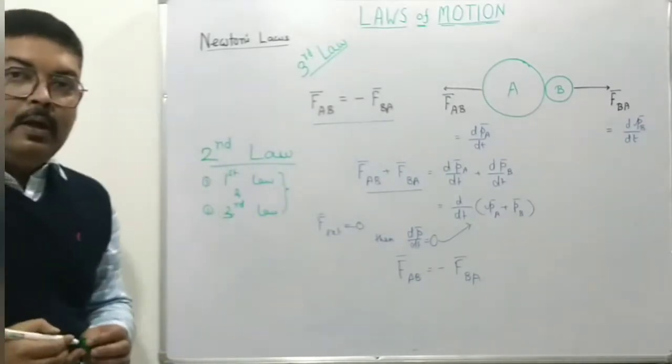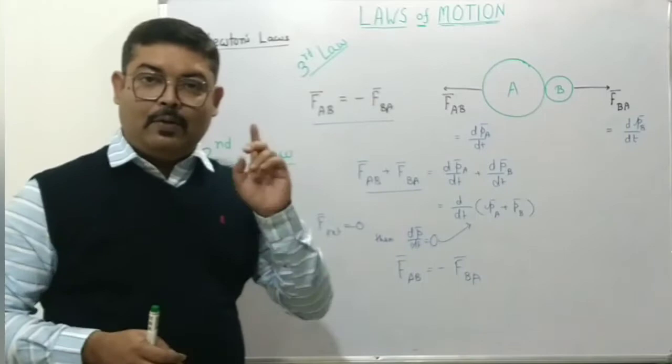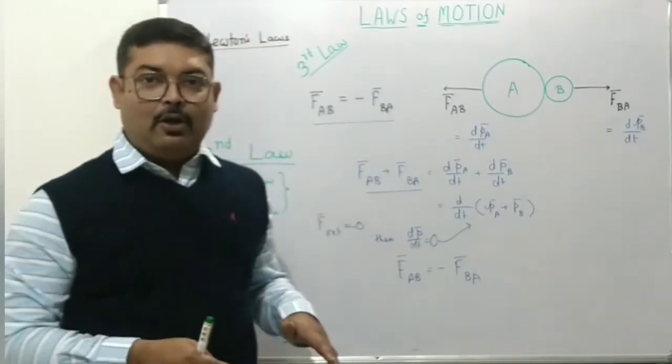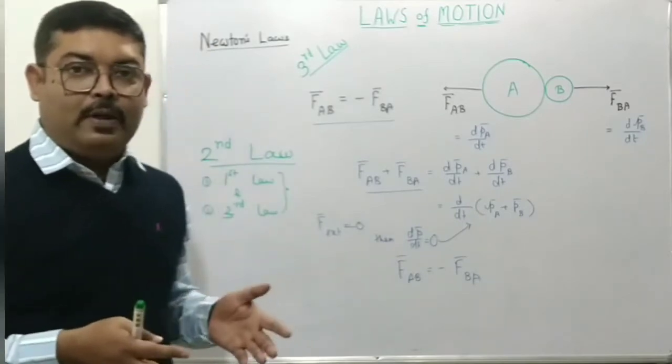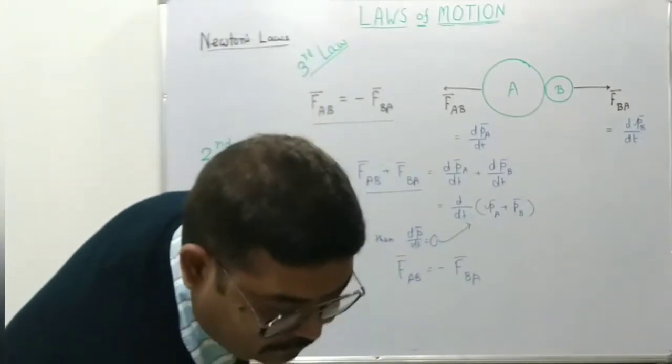So if we consider it that way, Newton actually propounded a single law, the second law of motion. Both the first and the third laws are basically corollaries of it, and that is why the second law of motion is known as the real law of motion.